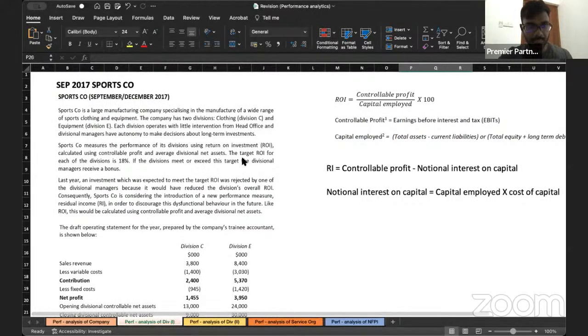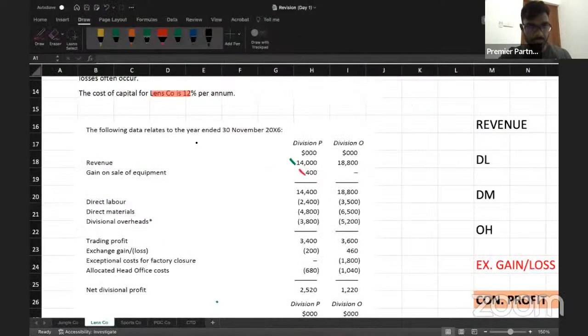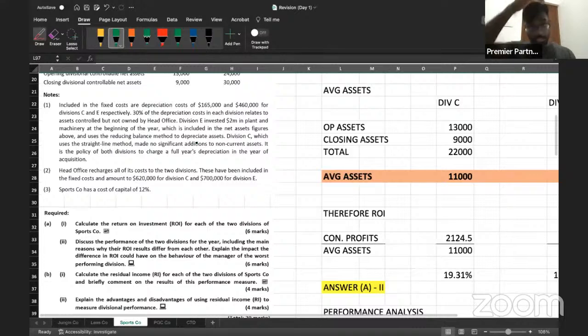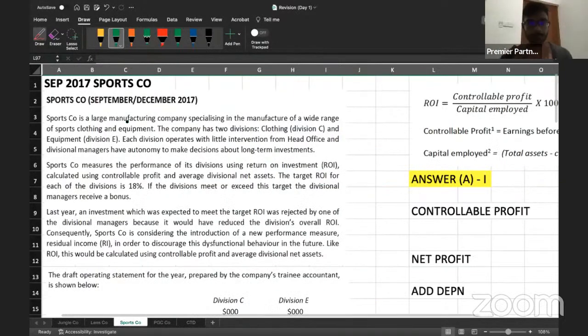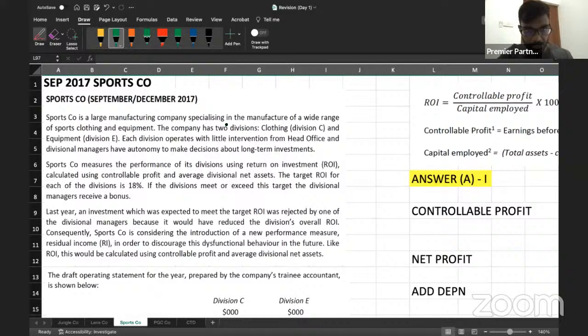Right. Let's see. Sports company, large manufacturing company, clothing division C, equipment division. Okay.